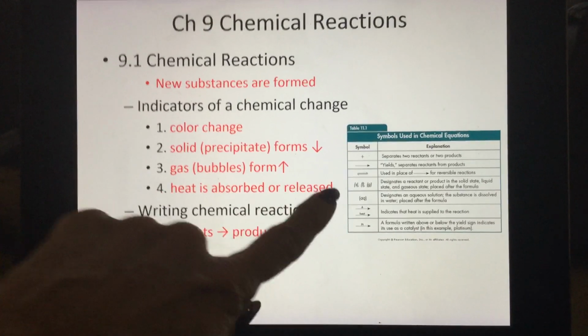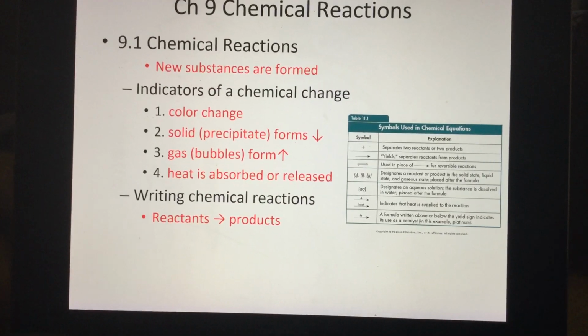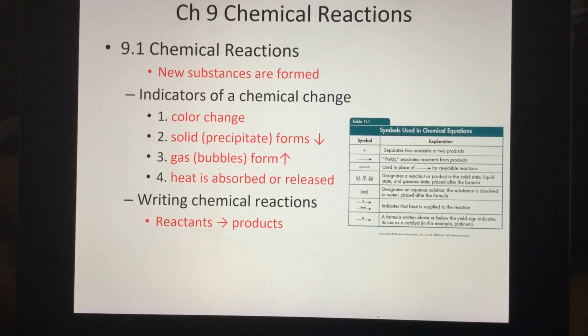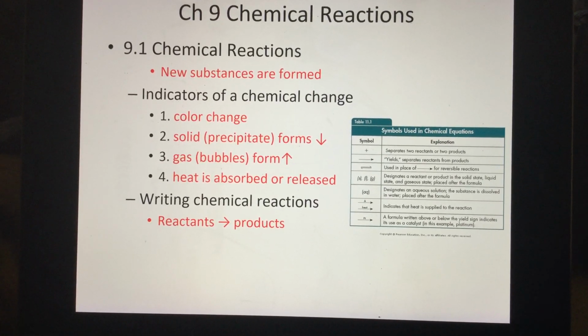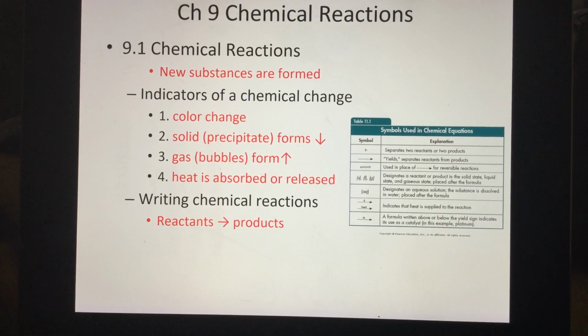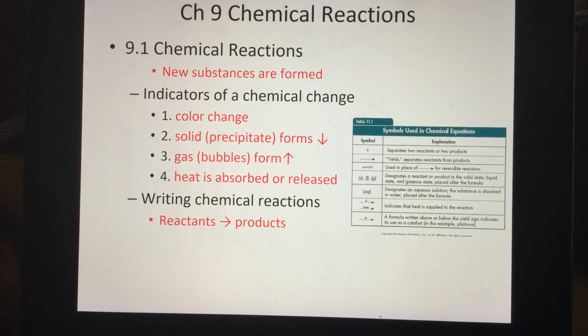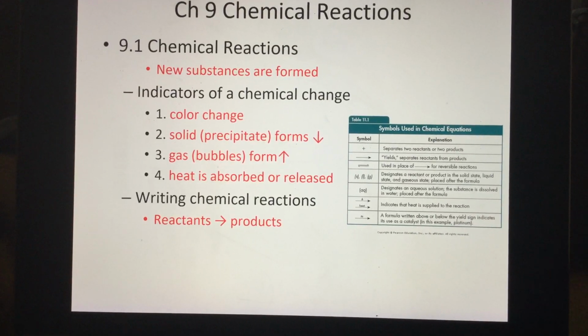You can see that over here on this little chart. That's known as a yield because it's showing that we are taking reactants and forming or yielding products. So that's the one big difference between a chemical reaction and a mathematical equation, is we use an arrow as opposed to an equal sign.